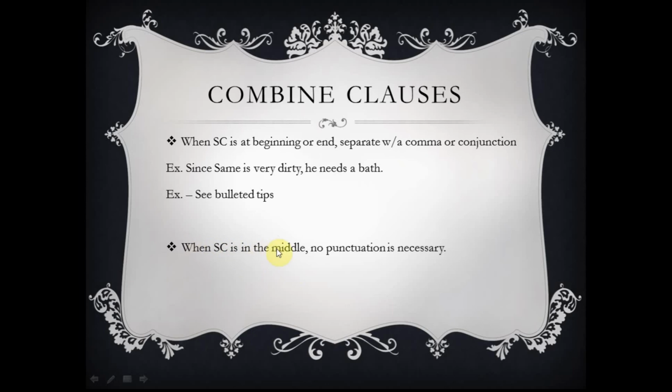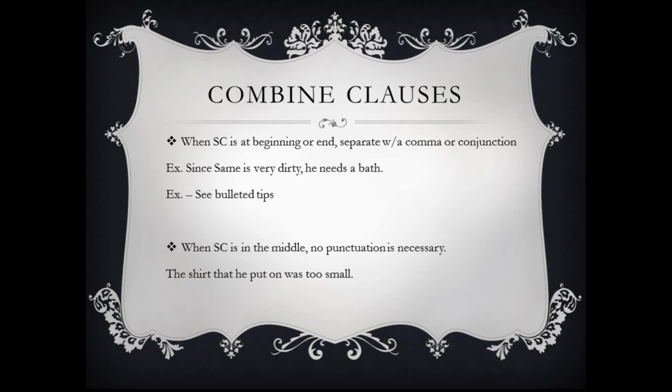When the subordinate clause is in the middle, which is another situation, that is a dependent clause. It can't stand on its own. No punctuation is necessary. So for the second tip, when the subordinate clause is in the middle, you don't need punctuation. And these ones are a little trickier to see. So if you look at this example, the shirt that he put on was too small.